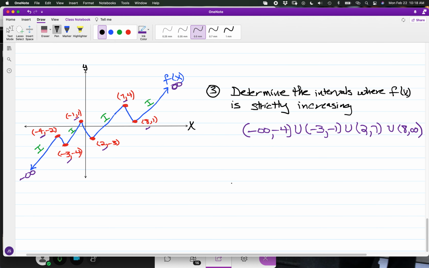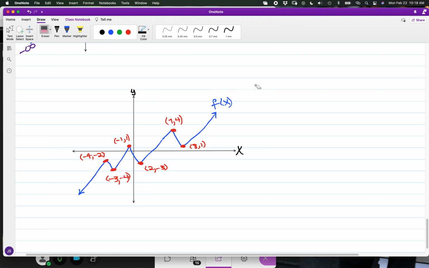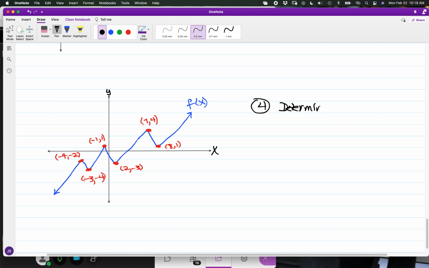And once again, keeping the same function f of x, let's determine the intervals where f of x is strictly decreasing.